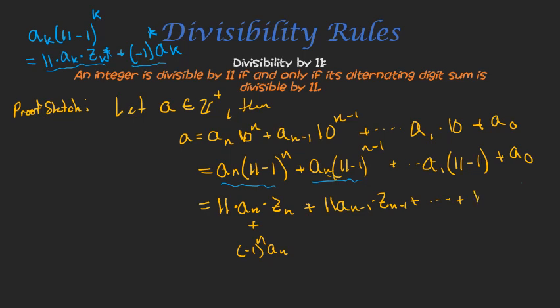And then 11 a_1, and then I'll write a_0 down here. And each one of these is being split up, so the other side will be negative 1 to the n minus 1 times a_(n-1), and then this one plus negative 1 to the 1, so just negative 1 times a_1, plus a_0.